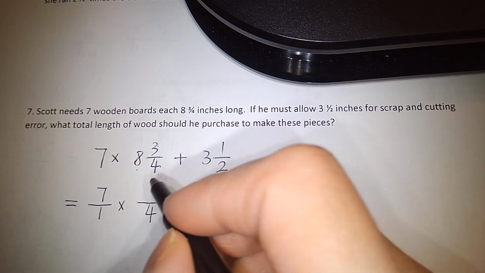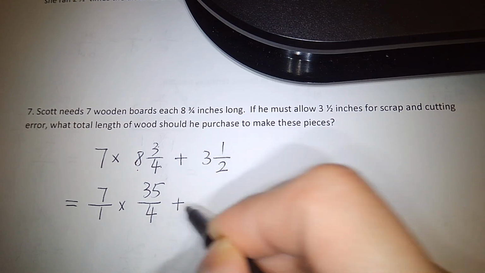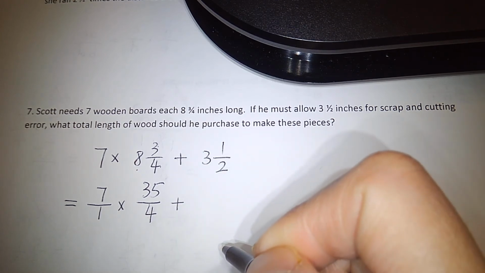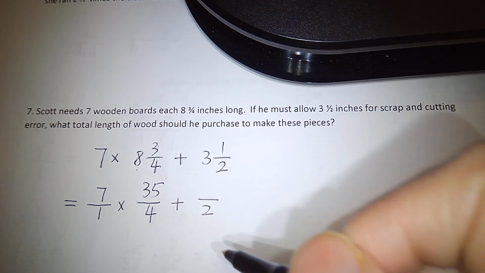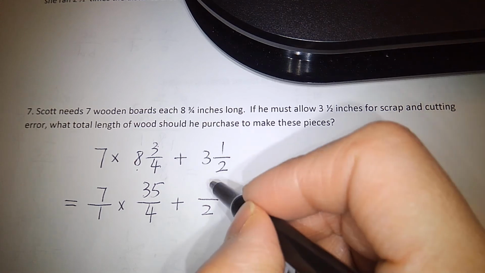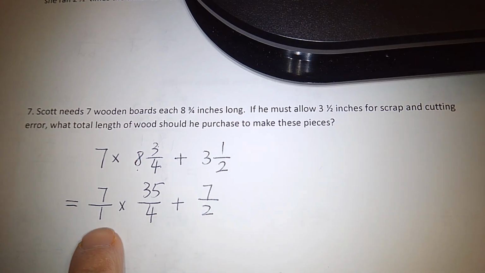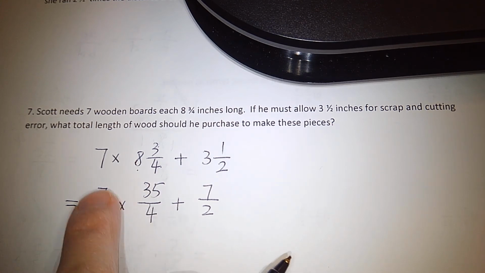Which one? 35. Right. Plus, treat this one as a fraction, 7 halves. So multiplication, we do it first. 7 over 1, 35 over 4.